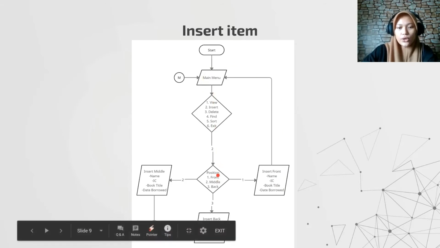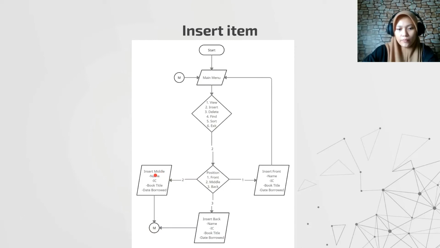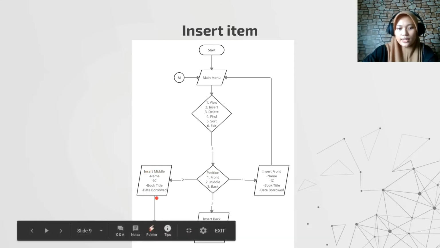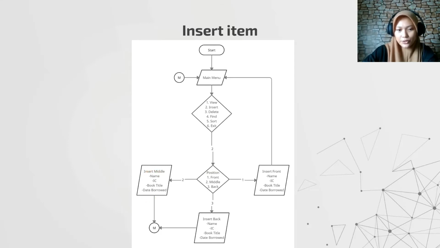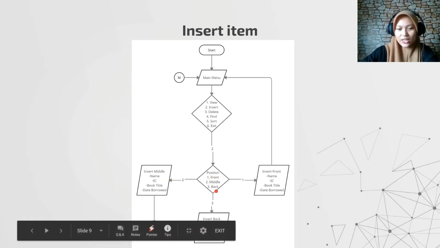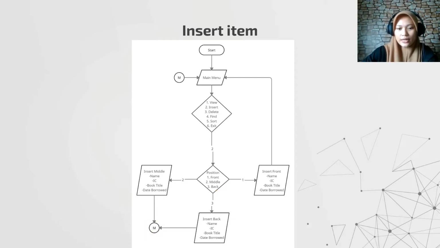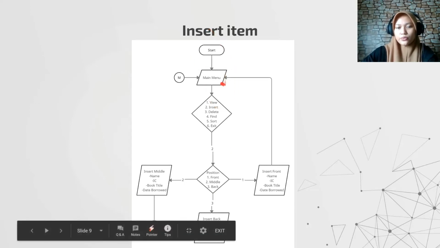If the user chooses 2, the system will allow the user to insert the data in the middle of the list, and after they are done, they will be brought to the main menu. If the user chooses 3, the system will allow the user to insert the data at the back of the list. After they are done, the system will bring the user to the main menu.